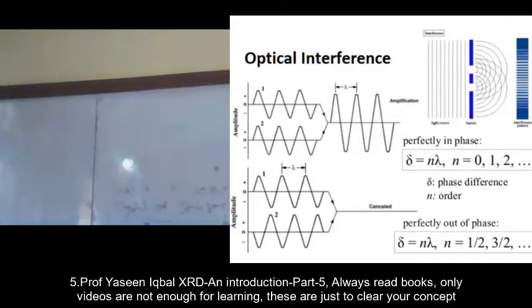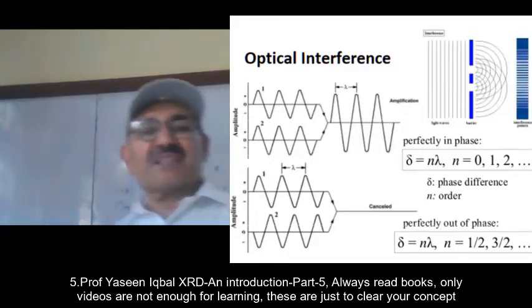If the path difference is a wavelength, or two wavelengths, or three wavelengths, then this will reach here, this will reach here, and in this way it will be constructive interference.